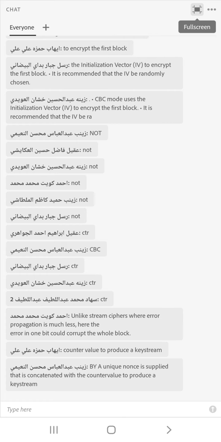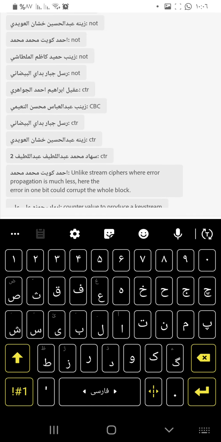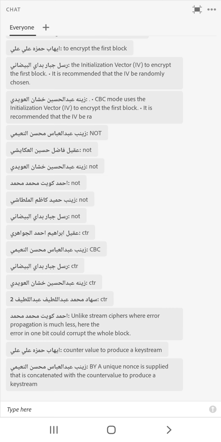Okay. How is it done? Can you explain more, please? Zainab Abdul Abbas, can you complete your explanation? It's not complete. You may want to look at the relevant figure describing the CTR.